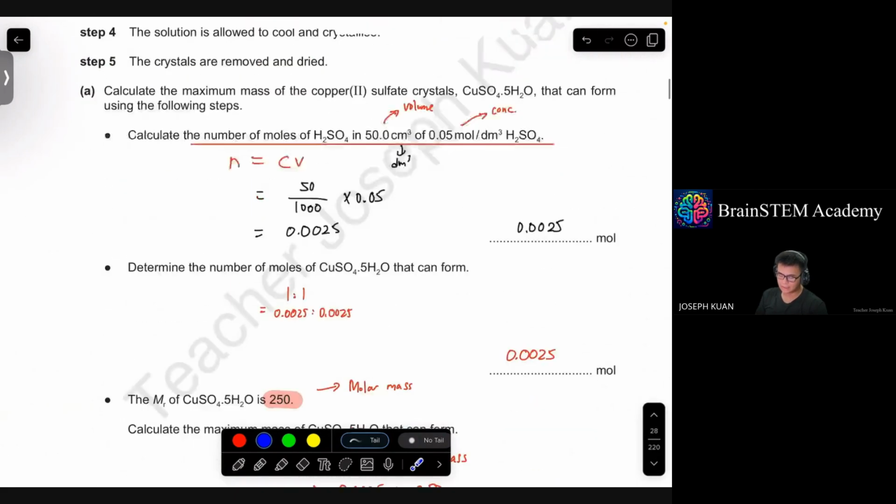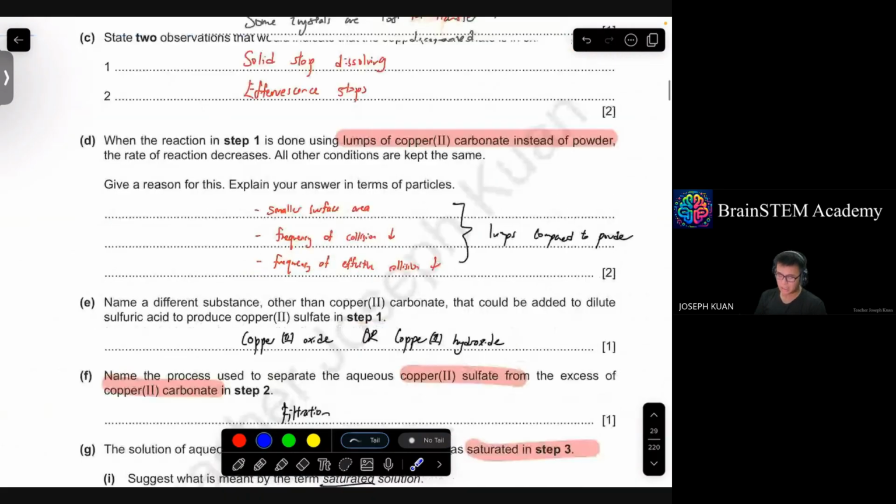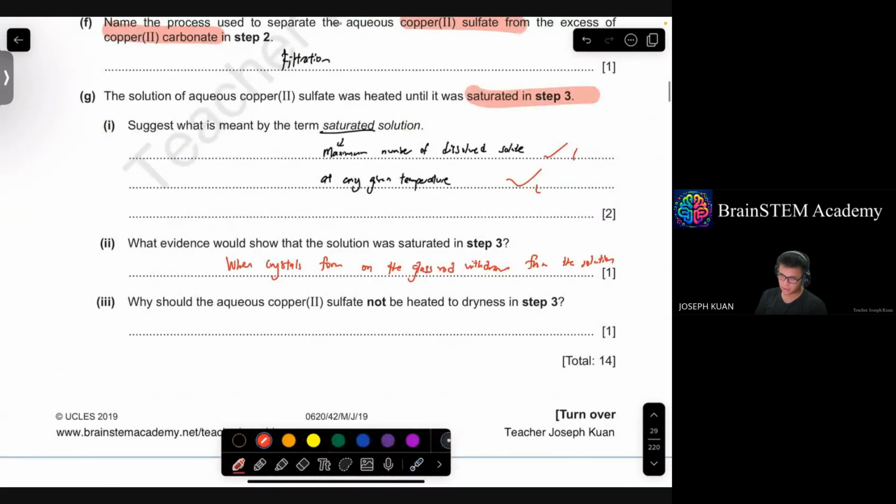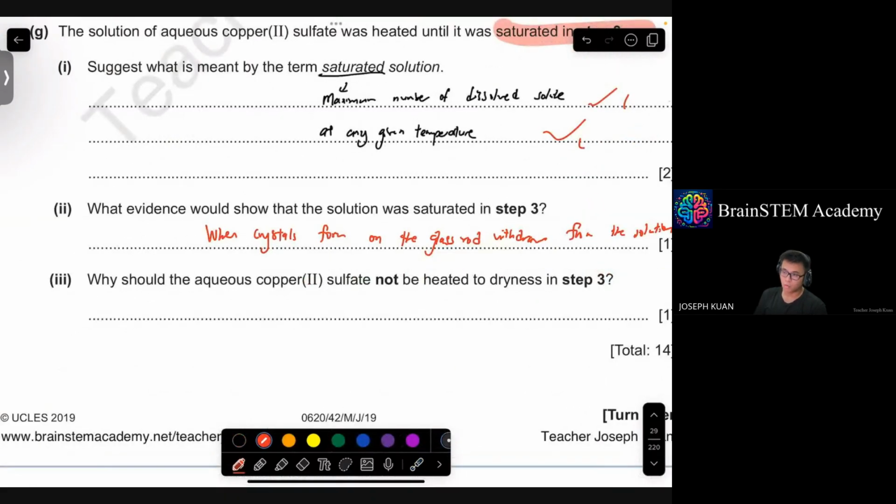If you choose to heat it way too dry, you would actually lose the water of crystallization. This will remove water of crystallization, which is undesirable in the case of isolating, purifying, crystallizing the substance. All right, moving on to the next question.